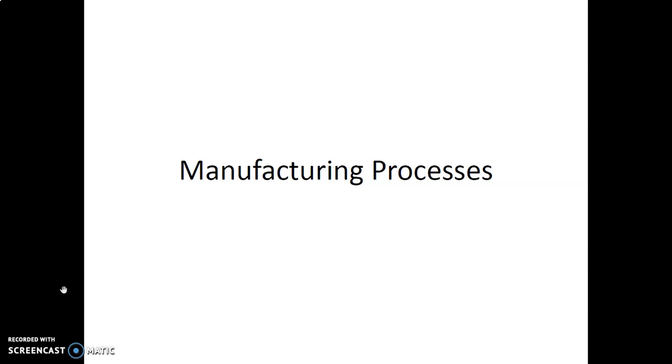If you know a number of processes but you don't know which process is economical and feasible for mass production, it is very difficult to use that process. Okay. So we will discuss one by one, and we will discuss all the manufacturing processes in detail, but from the starting.